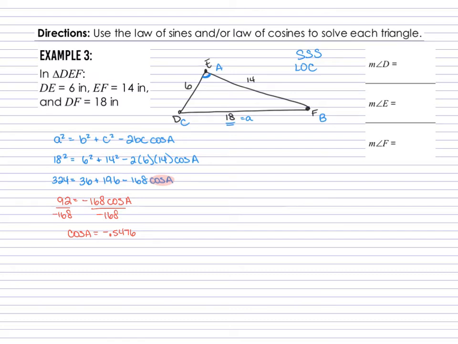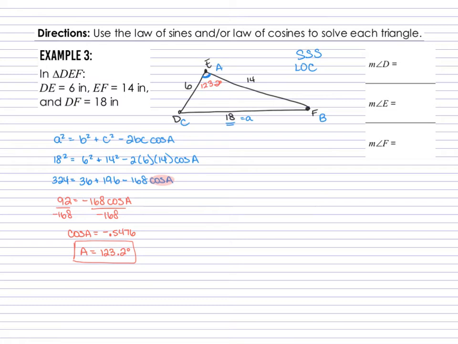This is the angle whose x value is negative 0.5476. This is totally fine and it works. So we're going to take that inverse cosine, leaving us with A is 123.2 degrees. Now I can label in my triangle 123.2 degrees for angle A.